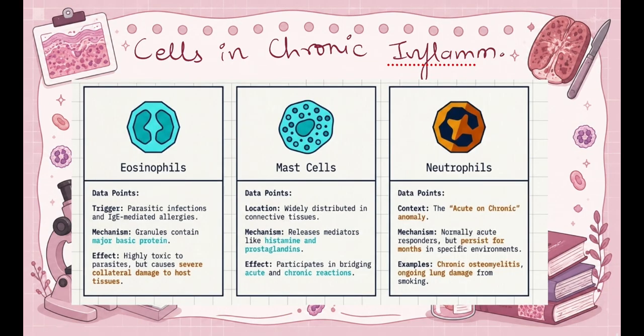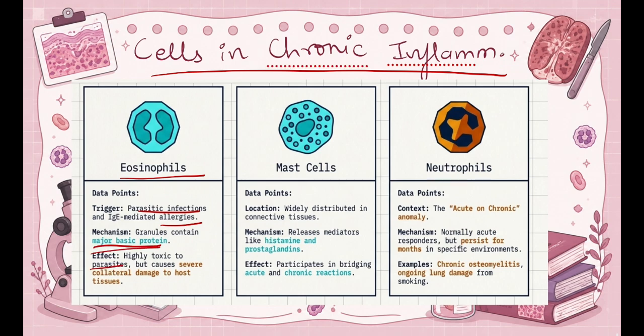The supporting cellular ensemble brings in specialized secondary responders. While macrophages orchestrate the response, they do not work alone. Other specialized cells are recruited to fuel the prolonged reaction. Eosinophils respond to parasitic infections and allergies. They deploy a highly toxic protein that kills parasites. Unfortunately, this also causes severe collateral damage to the host's own tissues.